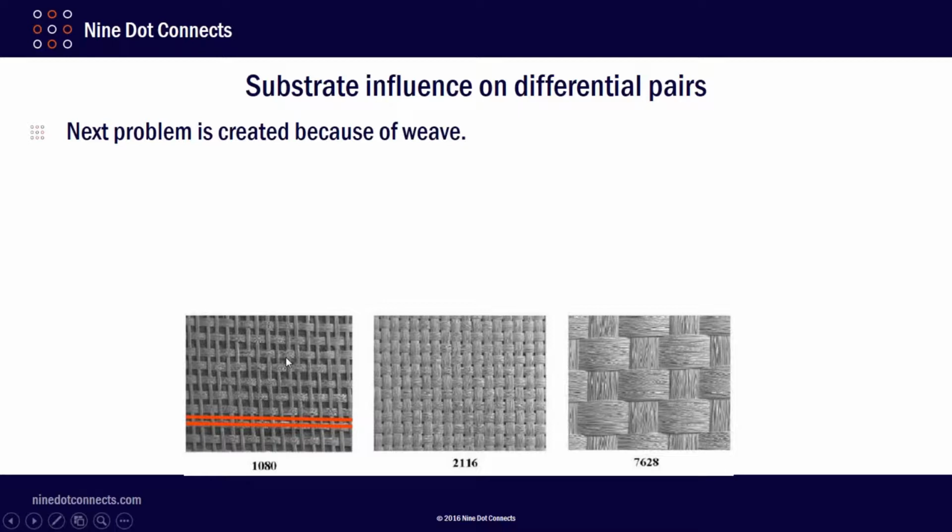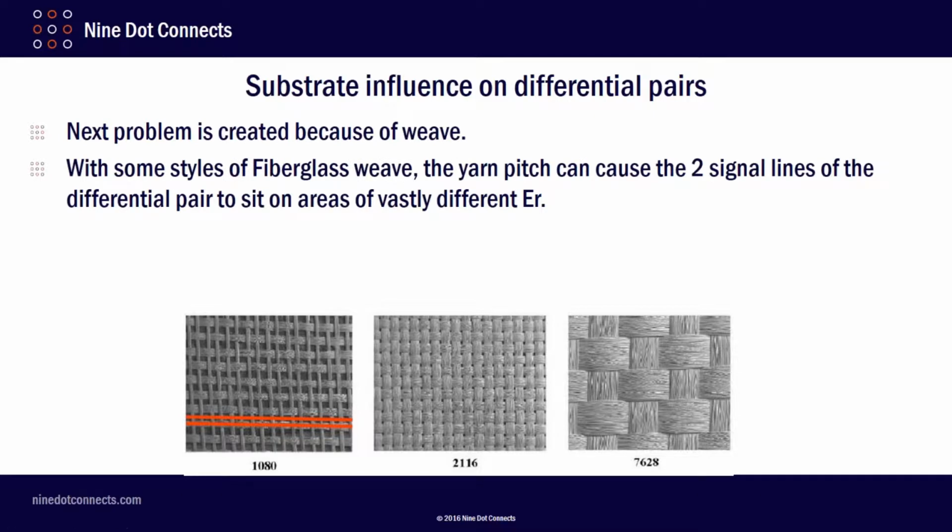And if you remember from a previous webinar, we talked about the material that makes up the substrate has a different dielectric constant than the resin itself. If we have two differential signal lines sitting on this weave, it possibly could be sitting on two completely different ERs, or dielectric constants.